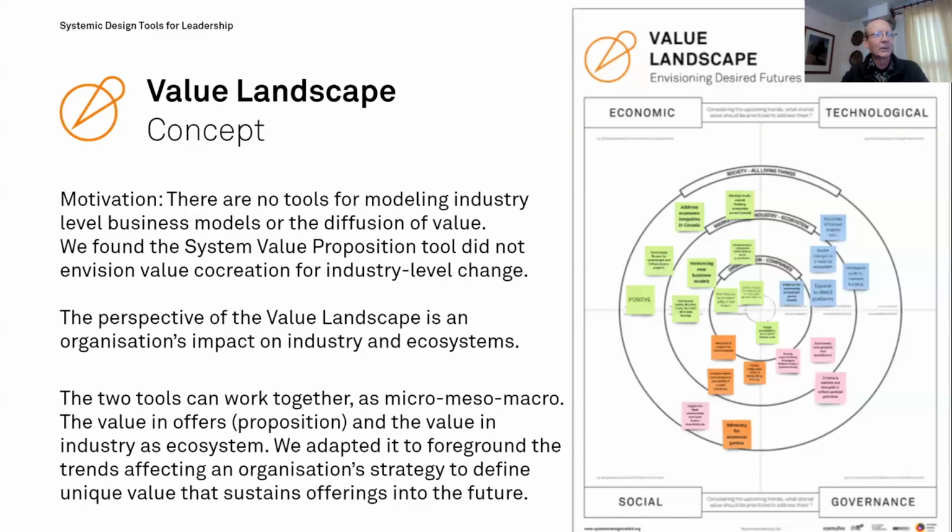We want to be able to envision how the industry will shift, or the ecosystems that you're also improving and touching on. So the perspective of the value landscape is this impact on industry and ecosystem.